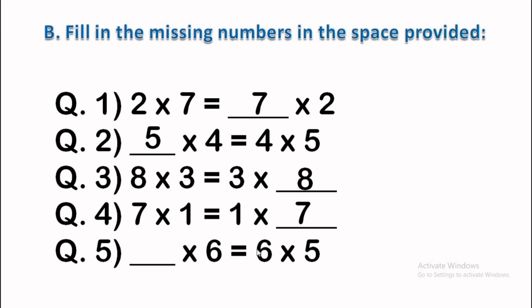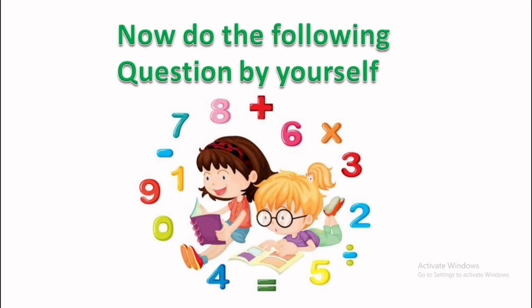On both sides we have 6. On one side we have 5. On the other side the number is missing. So as we have to write the same numbers on both sides of the equals to, we'll write 5 here.